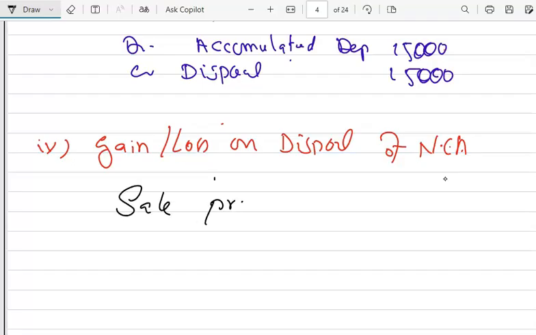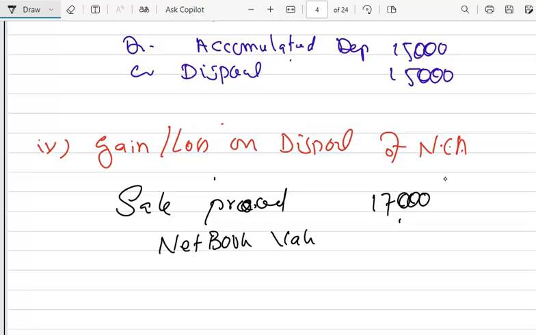What are the sale proceeds? It was 17,000. I received $17,000 from selling an asset. So what was the net book value? We already calculated above, it was 10,000.